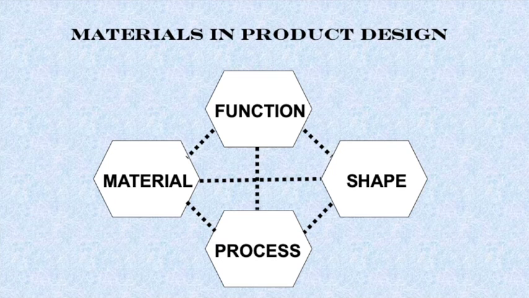What contributes to the functionality of the product would be the materials, the process that you use to make that product, and the shape that you're making. All these things are collectively contributing to the functionality, be it aesthetics, economics, and all that. They are meant to serve a specific function.